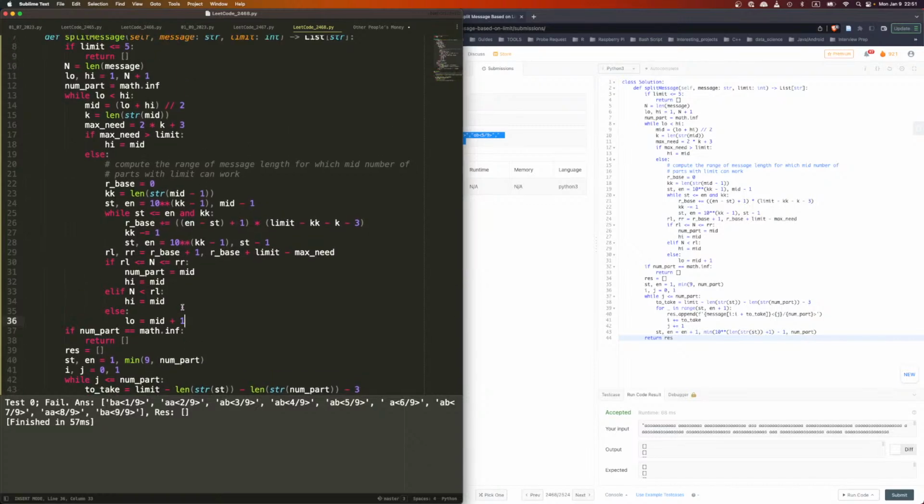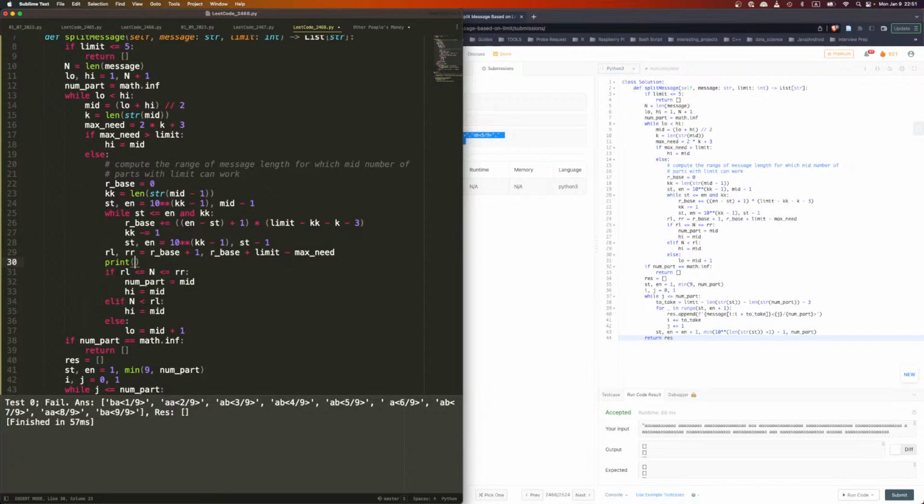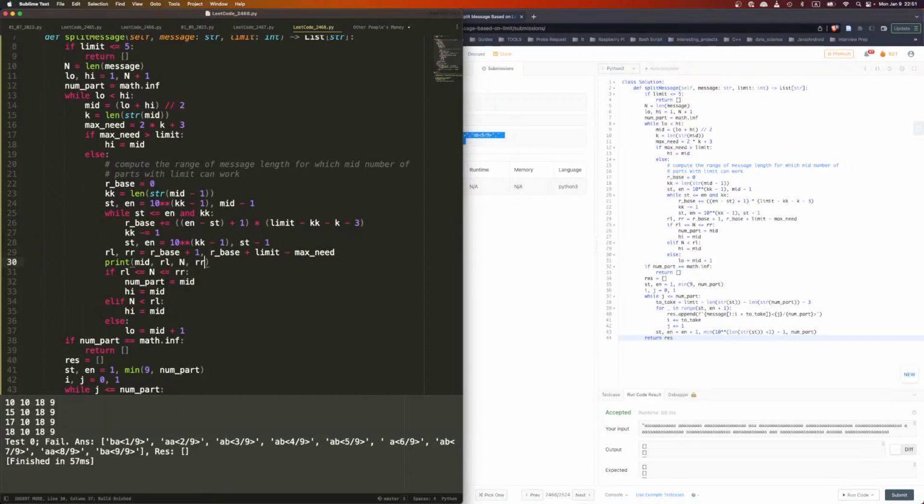Should be 9. Mid. Mid never go down to 9.